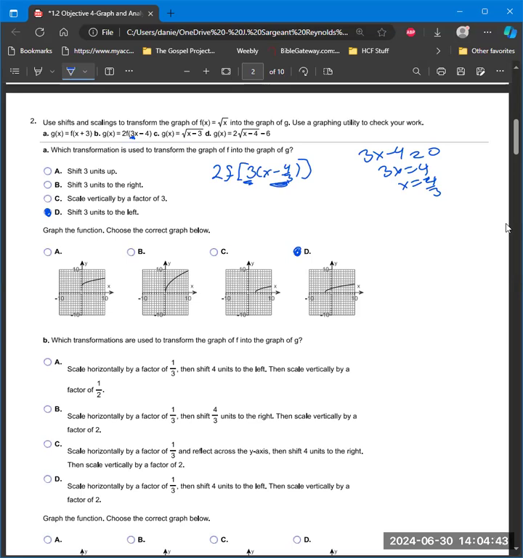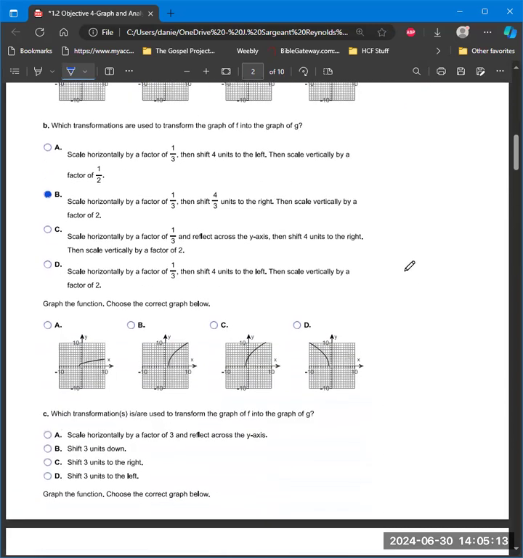So that looks like B. And then that one is that one right there.